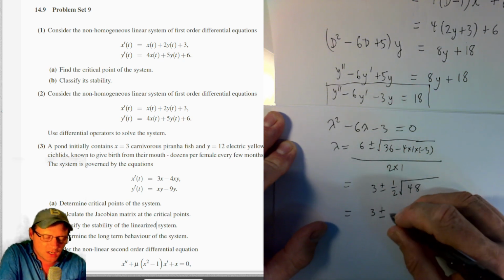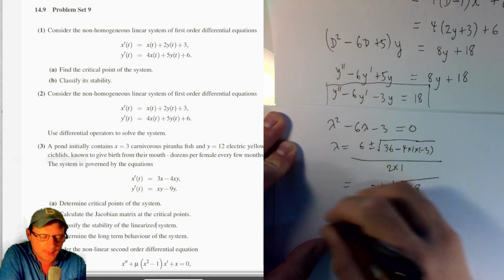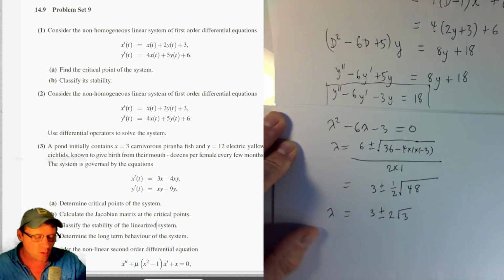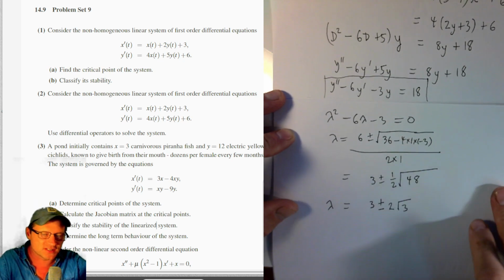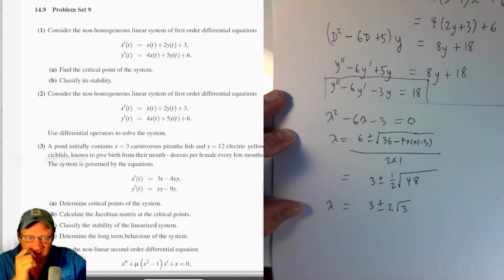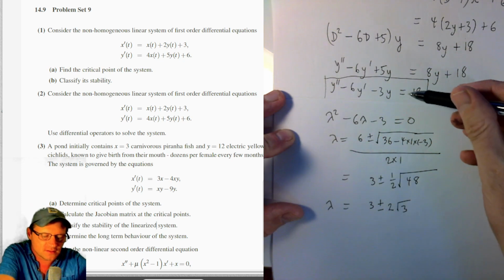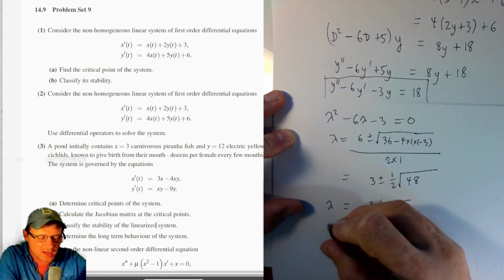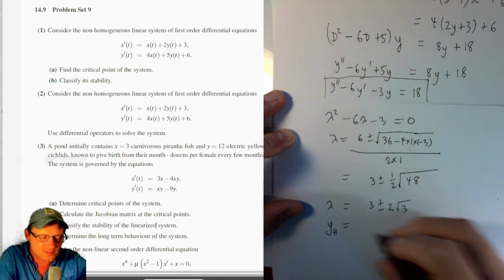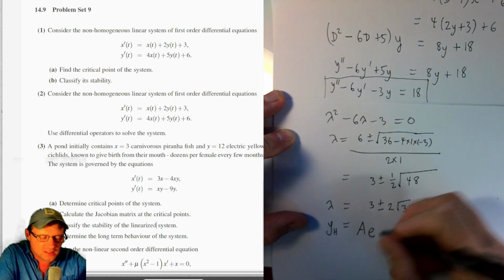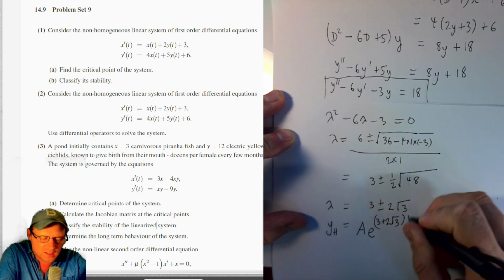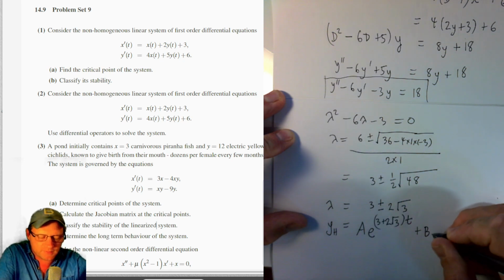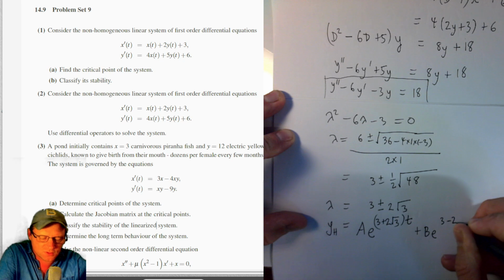So we have 3 plus or minus 2 root 3 for our two eigenvalues, or solutions to the characteristic equation. Okay, so now we know what the solution looks like in the homogeneous equation anyway. So y homogeneous equals A e to the (3 + 2√3)t plus B e to the (3 - 2√3)t.